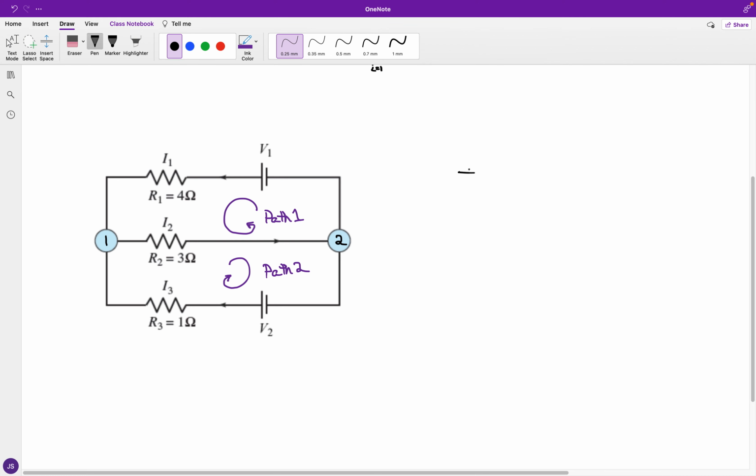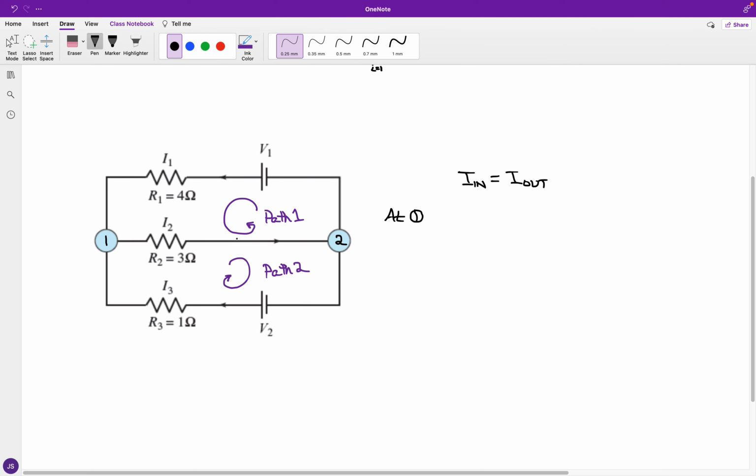Again, with Kirchhoff's first law, the current going in is equal to the current going out. At the first junction, notice by the diagram that I1 is approaching from the left, and likewise I3 is approaching from below, moving up.